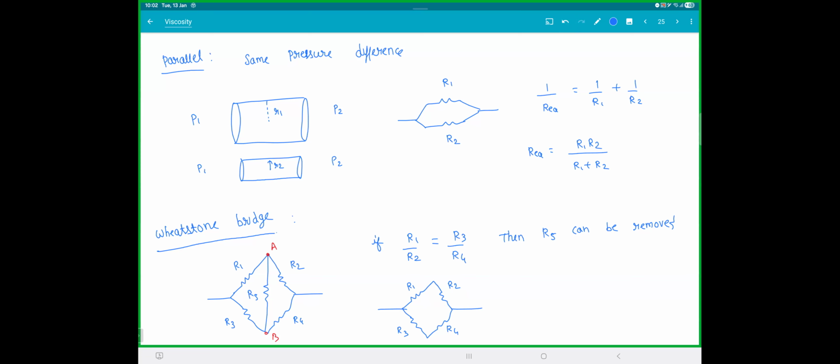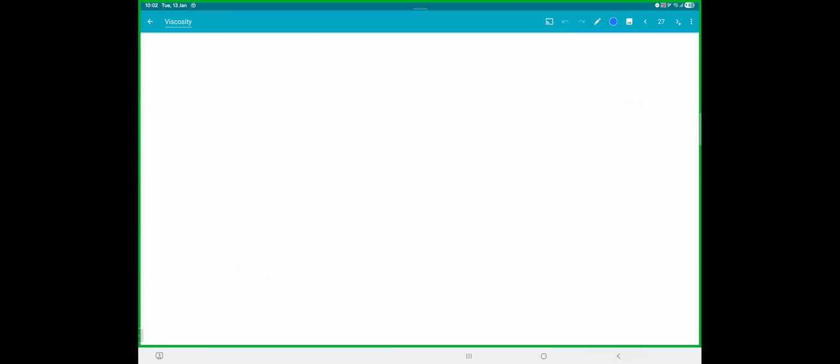Let's see a question. So we have a big pipe here. We have a small pipe here.